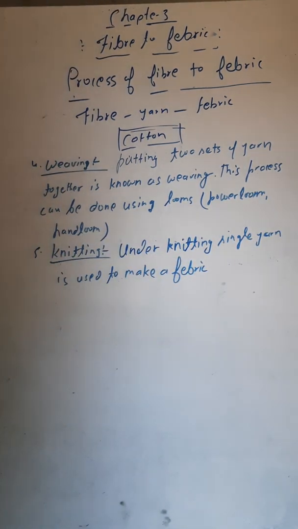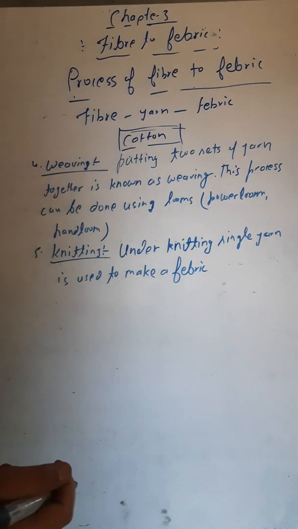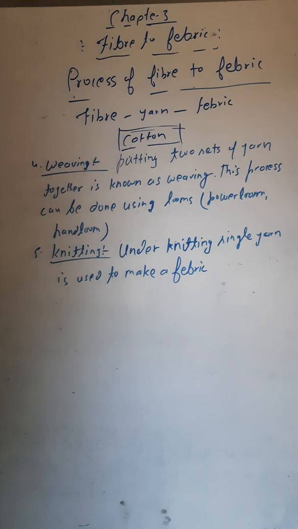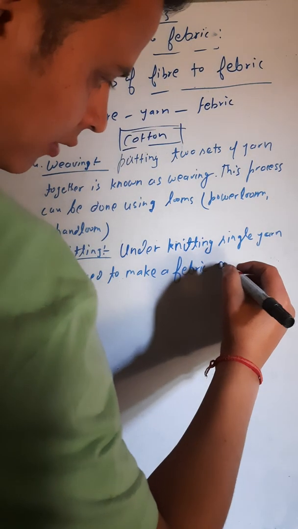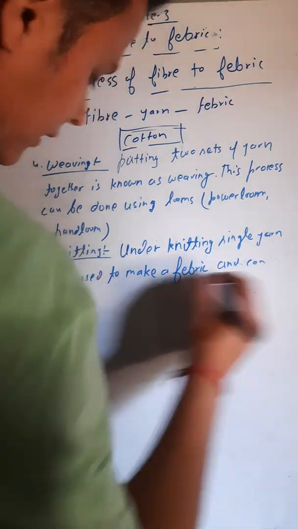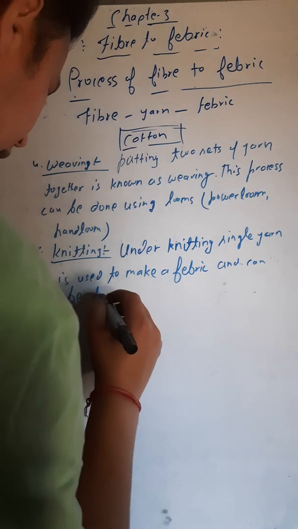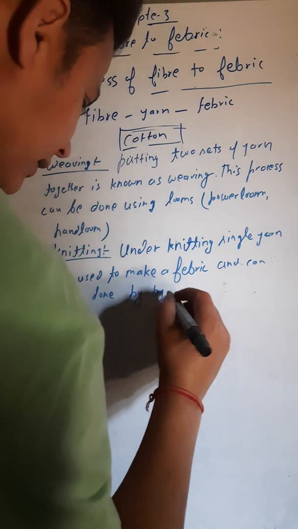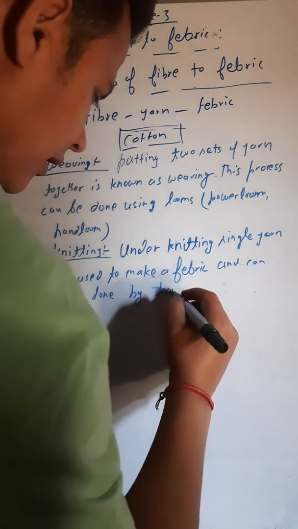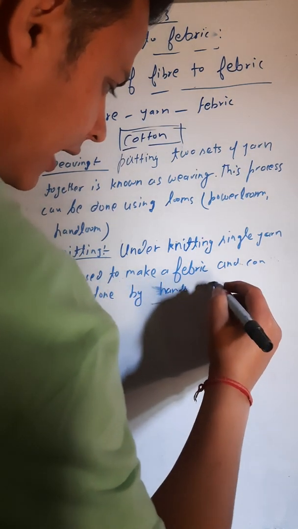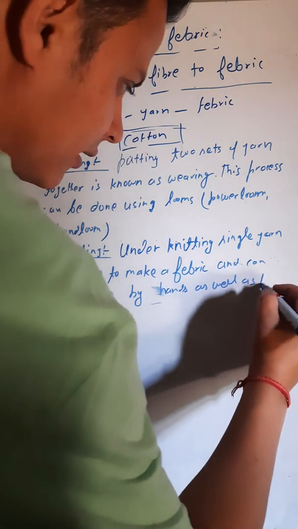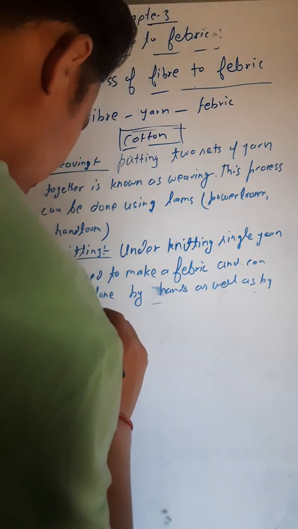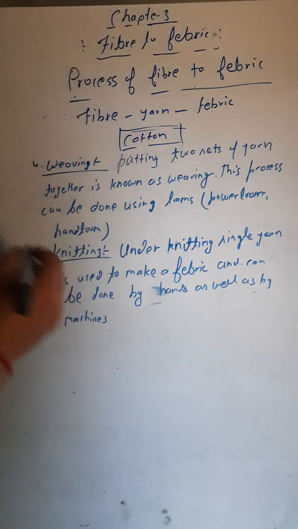Here we are using a single yarn to make a fabric, and it can be done by hands also, we knit by hands also, and it can be done with the help of machines also. It can be done by hands as well as by machine. So this is the process of knitting.